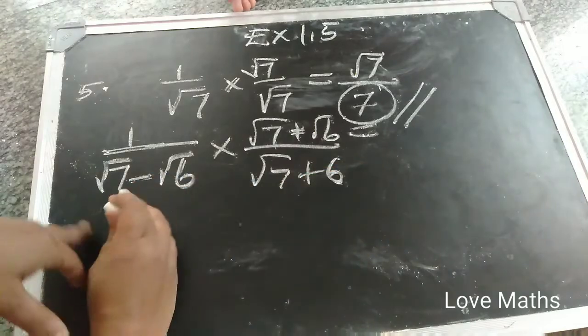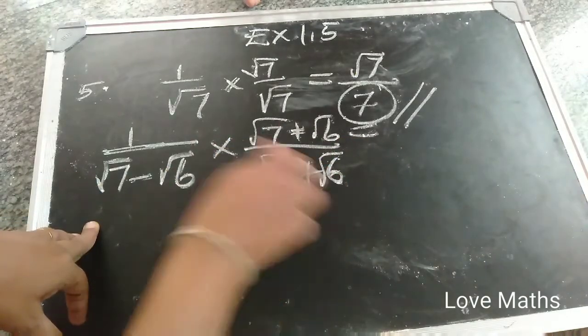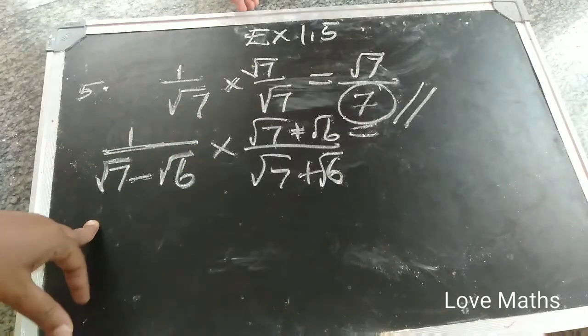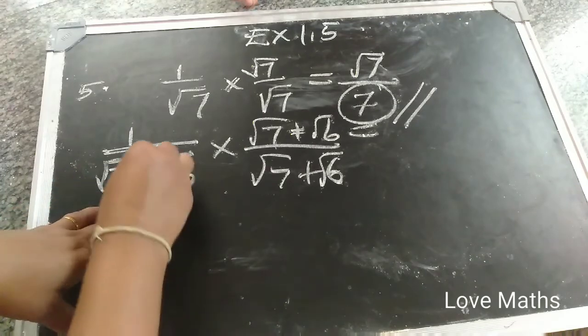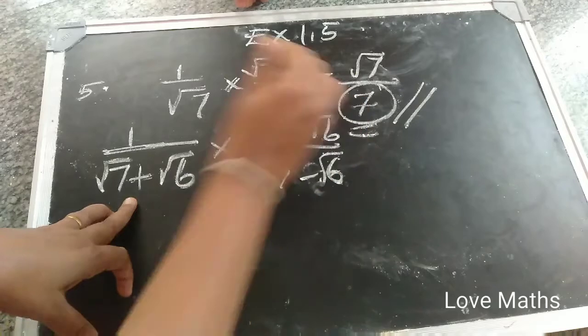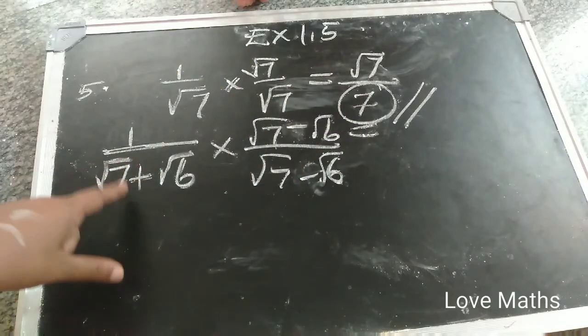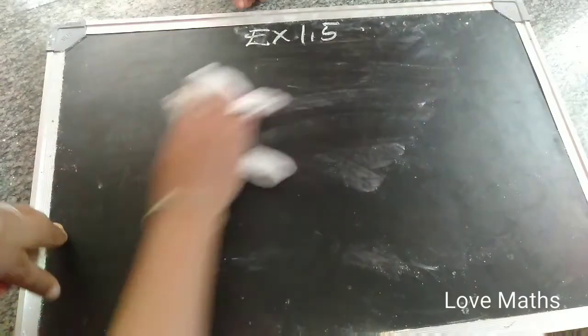Then only I can apply the a plus b into a minus b formula: a square minus b square, both squaring means both roots are cancelled.